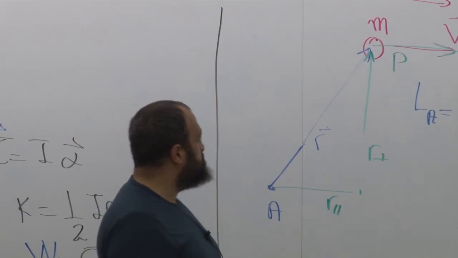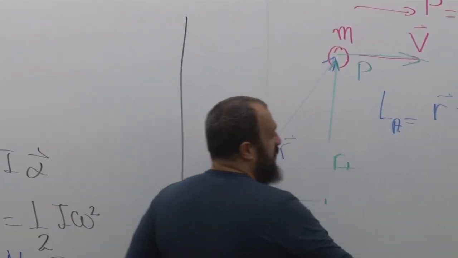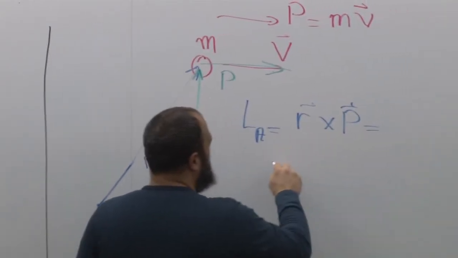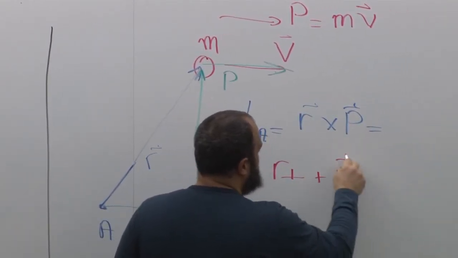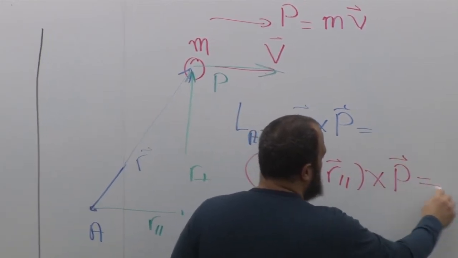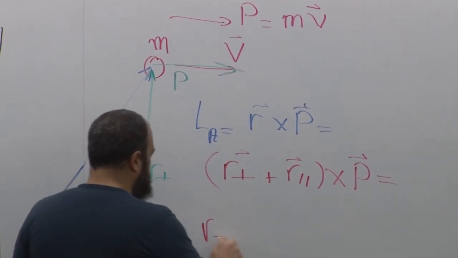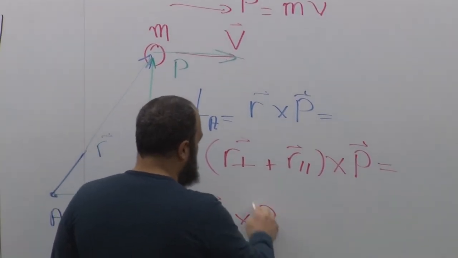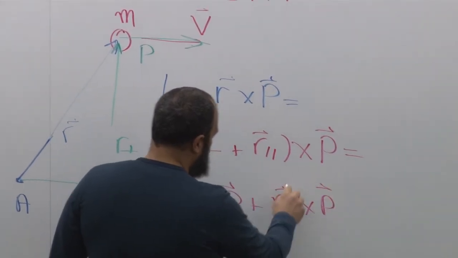So what does that reduce to? In linear algebra language, the R is made up of R perpendicular plus R parallel. And we're taking the cross product of this vector with P. What is that equal to? Well, that becomes R perpendicular cross P plus R parallel cross P.